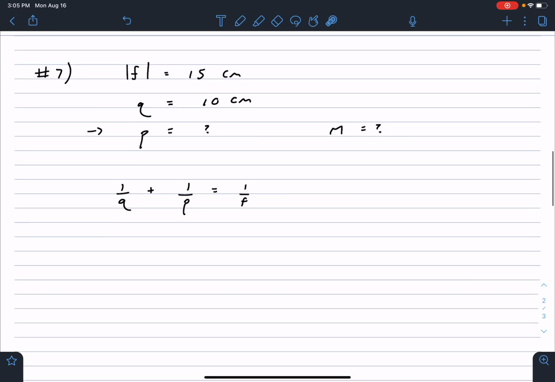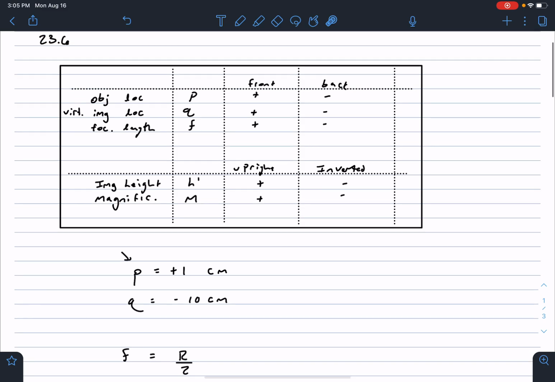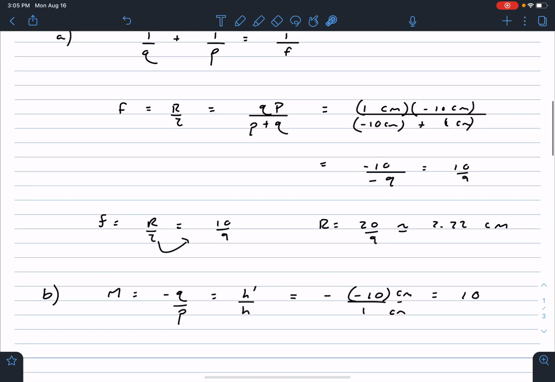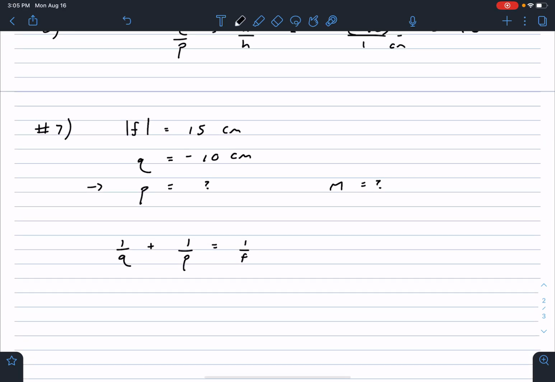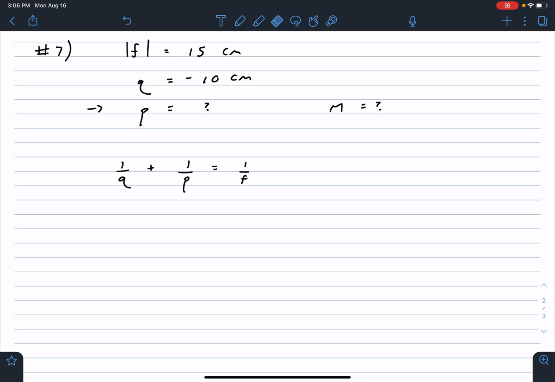Before we continue, we should just make sure that we have what we need. We were told that the magnitude of focal length is 15 centimeters. Then we're told that the virtual image is going to be 10 centimeters behind the mirror. And so if we go back to our chart, virtual image location behind the mirror is a negative value. So we want to make sure that that's negative. So this is negative 10 centimeters. Okay, and then we just solve for p.